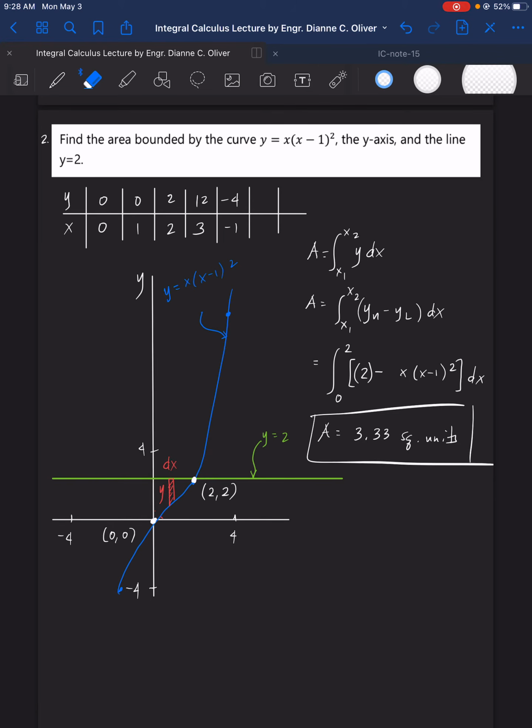And besides, the problem did not mention to solve in 2 ways. Rather, it just says find the area. So since you were able to find the area, then that's the solution. That's for number 2. Let's go to number 3.